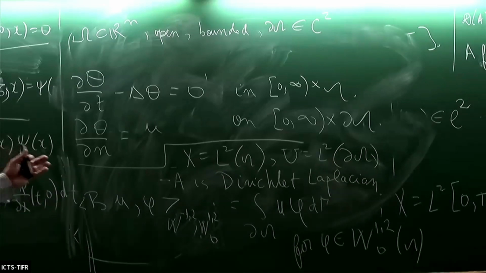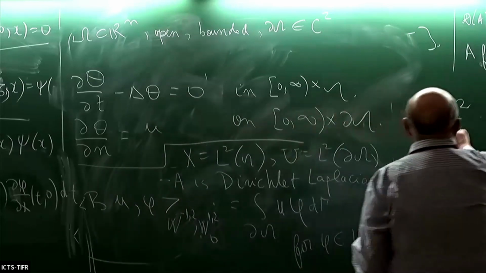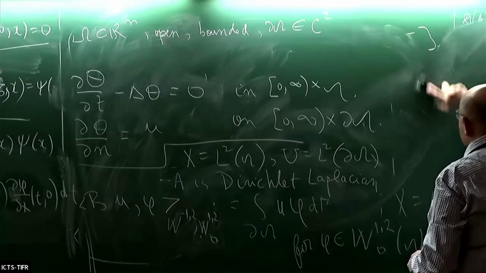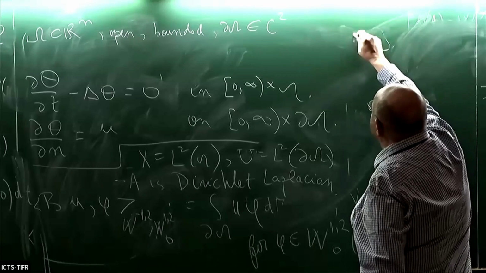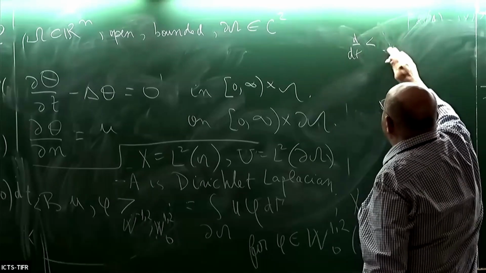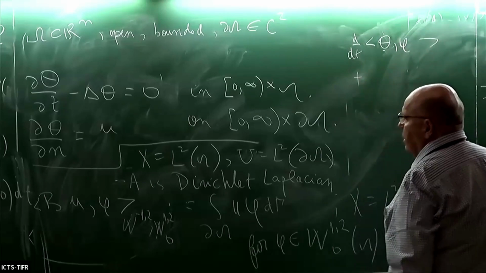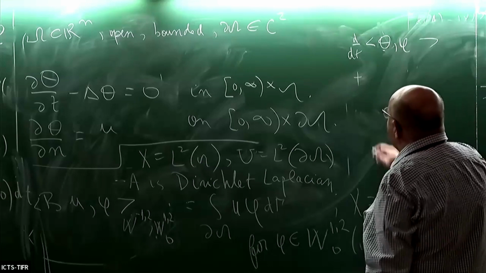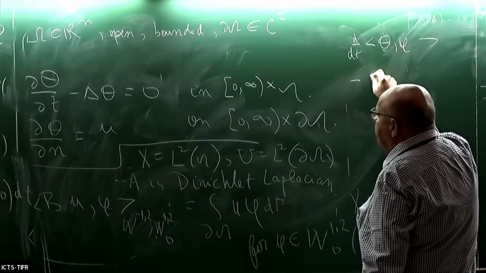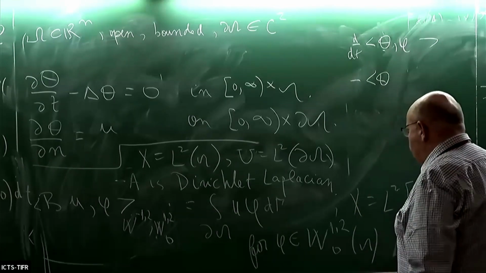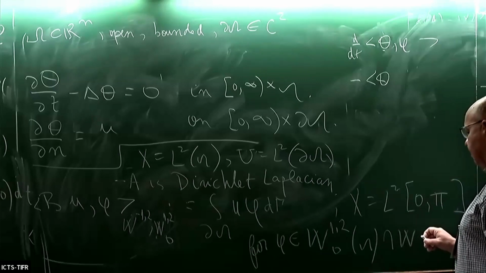And how does it come? It comes very simply from the weak formulation of this problem. When I write the weak formulation, it's immediate that it is d over dt of the inner product of theta and phi, plus, or maybe to keep, I write it minus for the moment, theta minus Laplacian phi, for phi in W^2,2 of omega, even if it's not necessary.